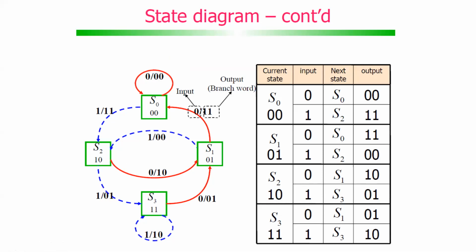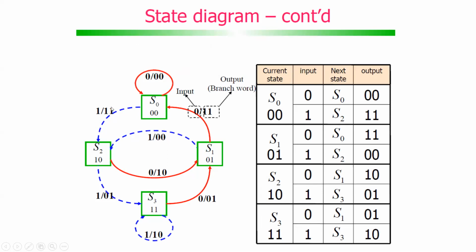At the next time interval, what is the state of the encoder? This 0 will move forward, this second 0 will go out, and input bit, which is 1, will come at the first position of the shift register, and the second position will be 0. So what is the next state of the shift register? It is 1 0. When input bit 1 comes, the next state is 1 0, and the output is 1 1.